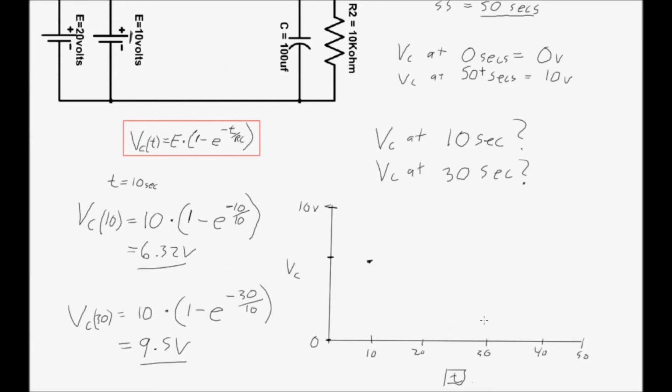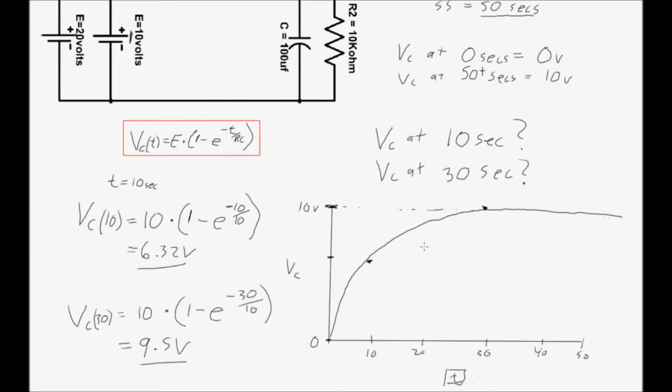And after 30 seconds, 9.5 volts. So if we were to graph the voltage across this capacitor over the 50-second steady state charge time, it would look like this. Very high rise, leveling out to a maximum of 10 volts. And it'll stay very, very close to 10 volts for whatever time goes on beyond the 50 seconds.